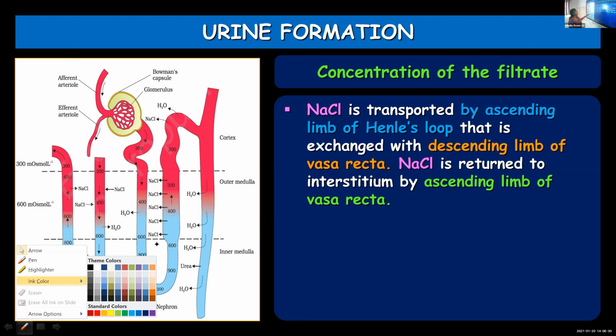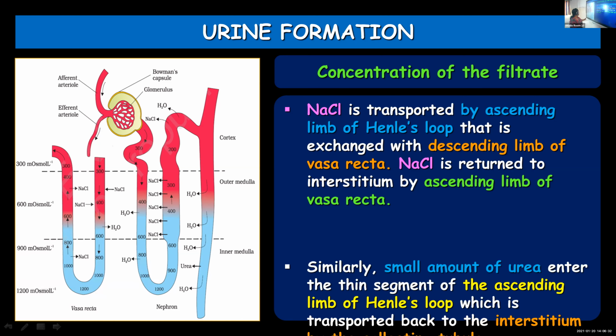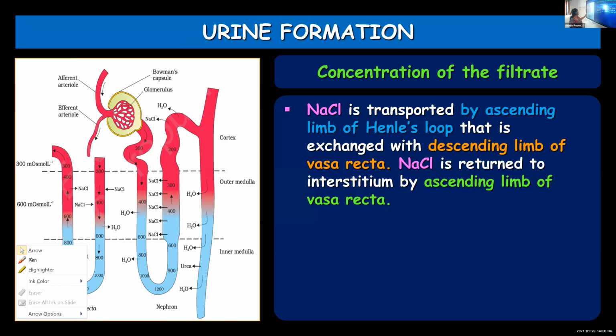And you can see the sodium chloride will be released from the ascending limb. So when sodium chloride is released from the ascending limb, this will be taken up by the descending limb. This is the ascending limb of vasa recta, and this is the descending limb.